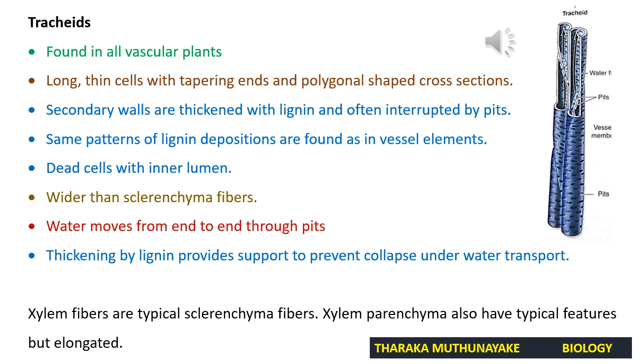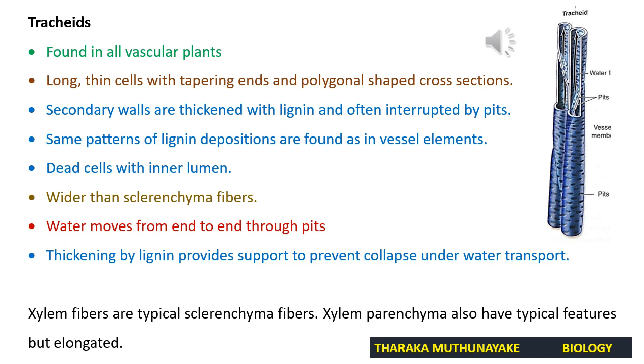Okay. Here it says water moves from end to end through pits. These tracheids do not possess perforation plates as in vessel elements. Go to the diagram. Here you can observe tracheids are arranged as strands that are connected end to end.